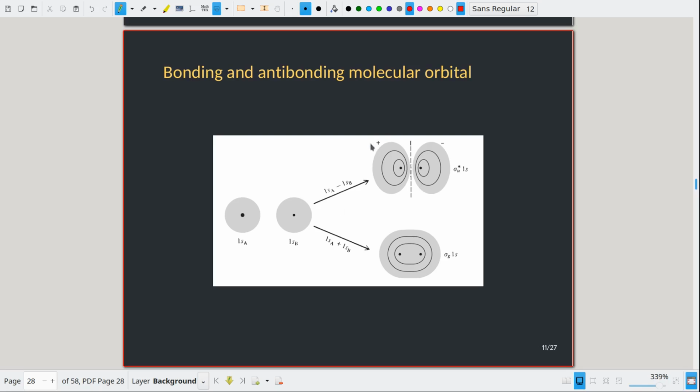And this is shown here in the fact that you've got one part of the molecule where the molecular orbital wave function is positive, and one part where it is negative.